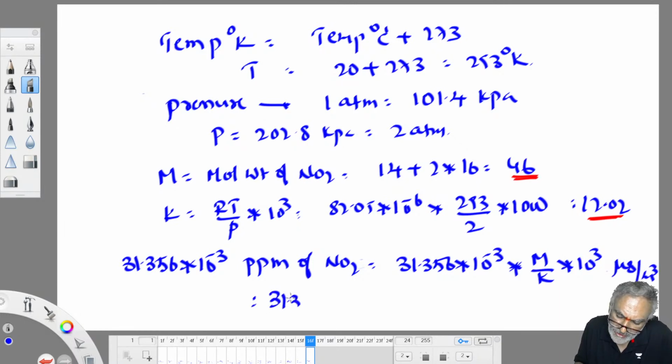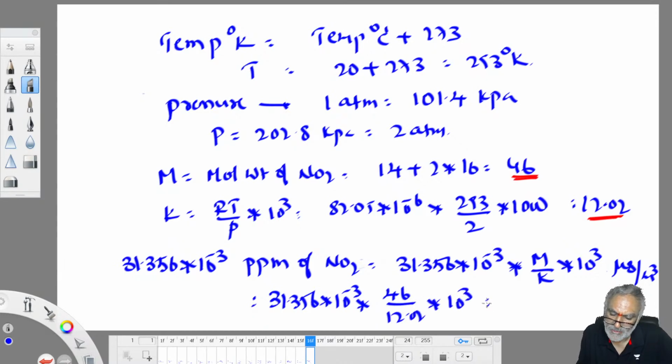So 31.356 into 10 power minus 3, M is 46, K is 12.02 into 10 cube. Come on, how many microgram per meter cube it is? So 31.356 into 10 minus 3 into 46 into 1000 divided by 12.02.